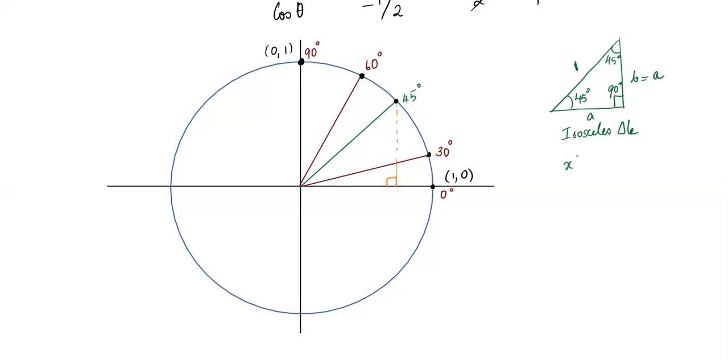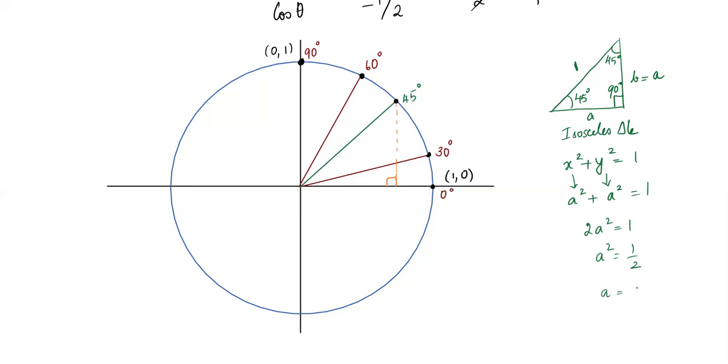So if I come here, x squared plus y squared equals 1. That is the equation of a unit circle where radius is 1. And your x and y are the sides actually, but in this case, they are a squared and a squared because x and y are both a. Okay. So that makes it 2a squared equals 1, a squared equals a half, and you're solving for a basically.